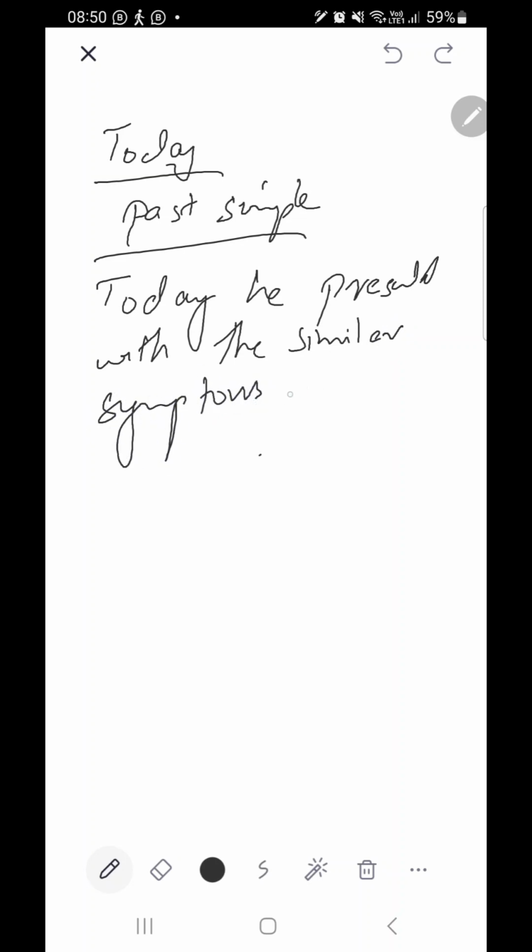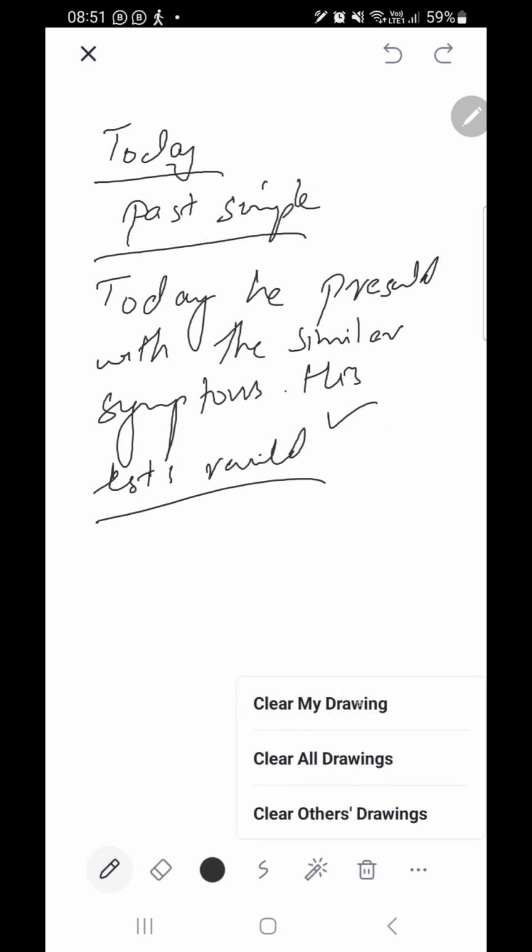Or his test, let's say, revealed. Why? Because at the time of writing this letter, this has already been done. It's a near past.